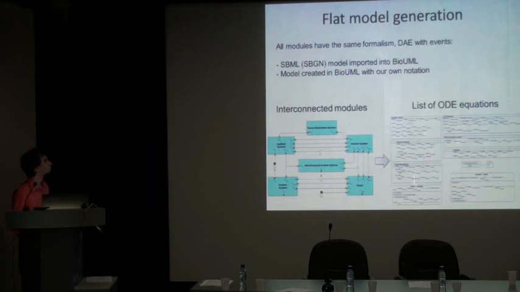Models can be SBML or SBGN models imported in BioUML, or models created in BioUML with our own notation. And here you can see a model containing interconnected models is automatically processed into a list of ODE equations, which is a flat model in our notation, which can further be simulated in BioUML.